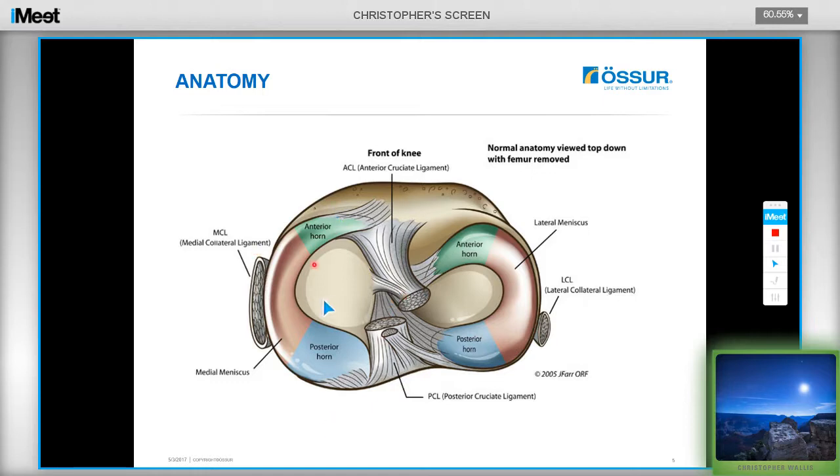We've also got less of our medial compartment covered by the meniscus. So when we think about meniscal injuries, it probably is understandable with this reduced mobility and flexibility of the medial meniscus that it is the more commonly injured.